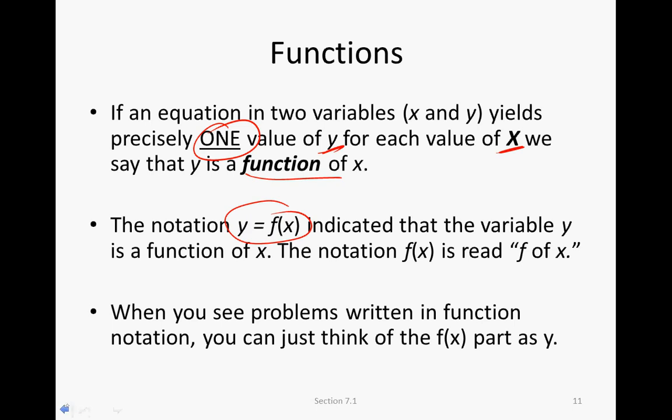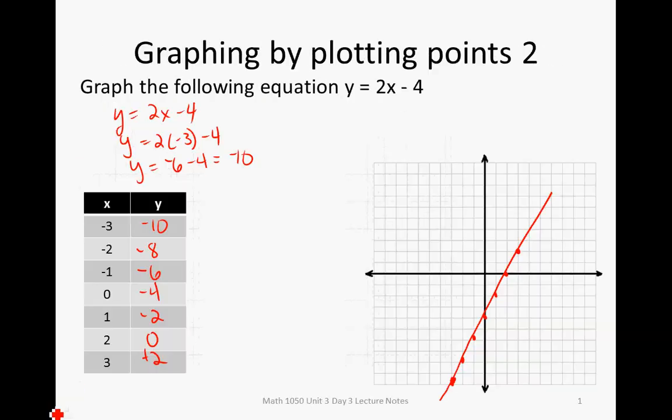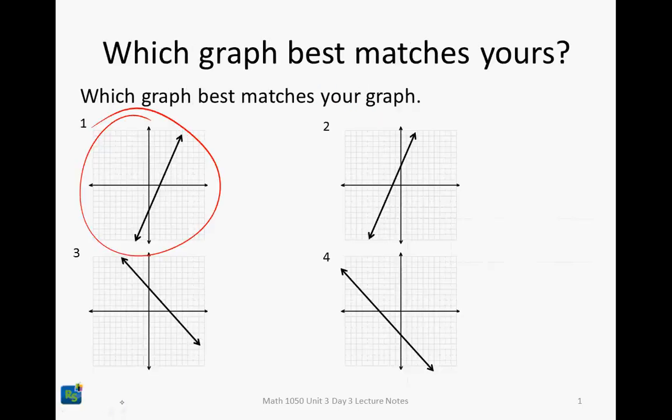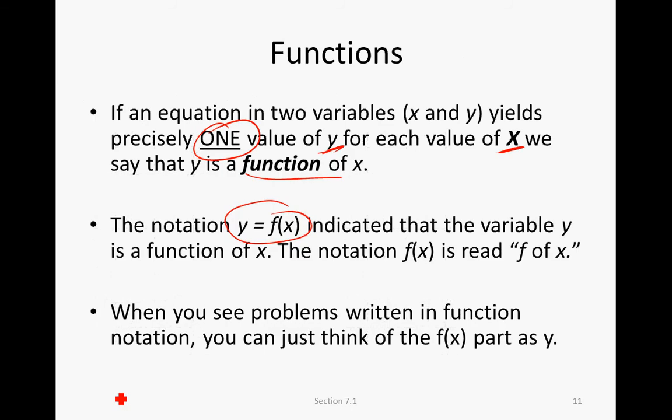And let's go back to our previous slide. We had the function y is equal to 2x minus 4. So that was a function of x. And so that could be read as the function of y, the function of x.